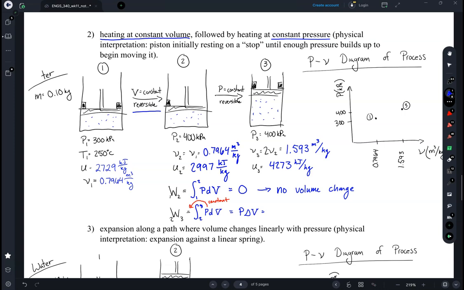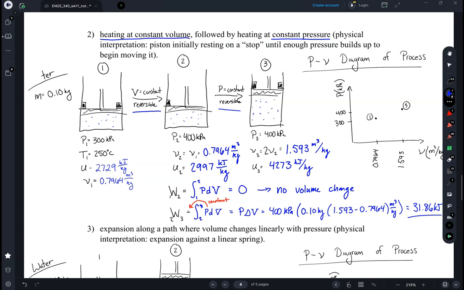So here in state 2 to 3, we're now at 400 kPa times 0.10 kilograms times the change in volume, 1.593 minus 0.7964 meters cubed per kilogram. So we see a work of 31.86 kilojoules.